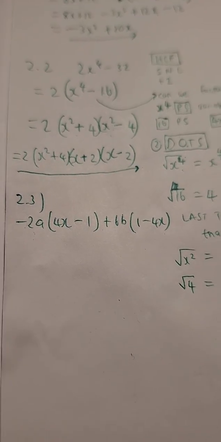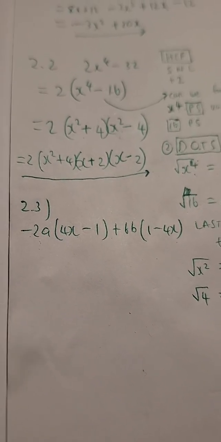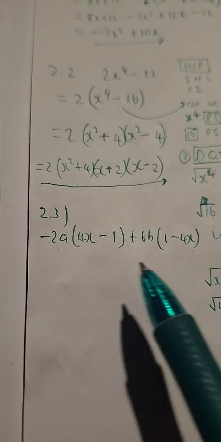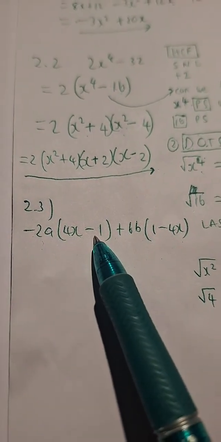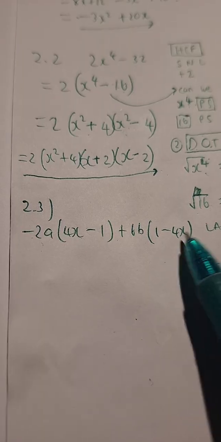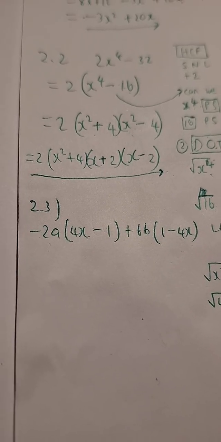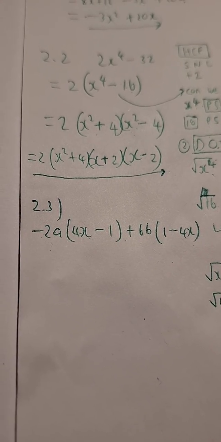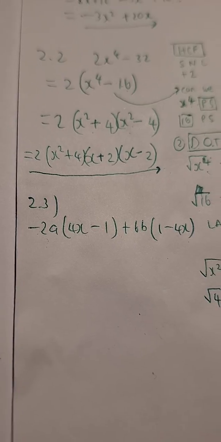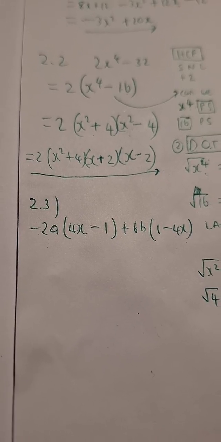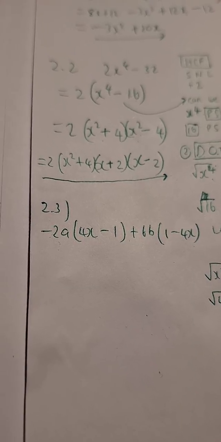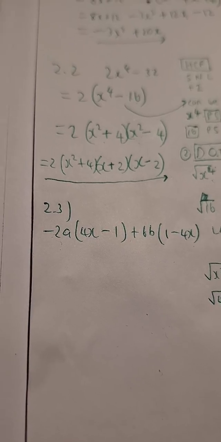Now, someone said earlier on when they were thinking about is there highest common factor, someone said common bracket. Now I want to ask, is 4x minus 1 and 1 minus 4x a common bracket? Do we know what a common bracket is, guys? A common bracket is a bracket that basically looks exactly the same as the other one. Busisi Wengwenya says that is not a common bracket, so does Jeremiah.